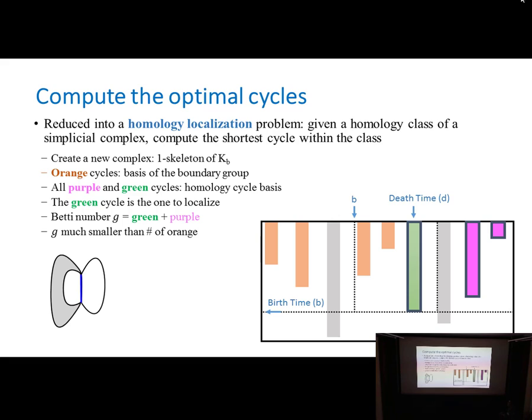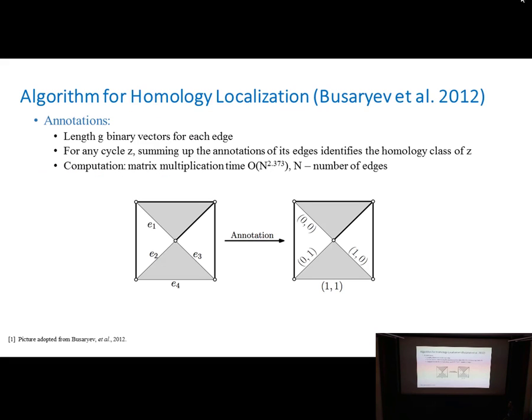Okay, with that, now we can use the algorithm, right? So the algorithm is well established, well studied, basically. I'm using one particular algorithm that myself, Yusu, Tamal, Sergio, and a student, Busai, I forgot the name, sorry, developed to solve this 1D homology localization problem.